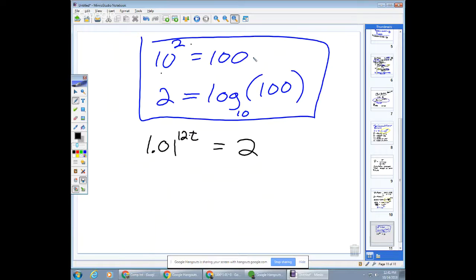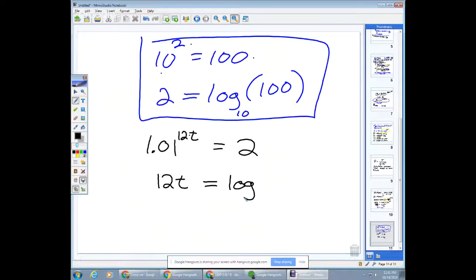So what's my exponent here? 12t. 12t is my whole exponent. So now I get to isolate the 12t, and the exponent has to be equal to a logarithm. The base of the logarithm has to be 1.01 because that was the base of the problem above. Then I put a parentheses, and the only number I haven't accounted for yet is the 2, so it has to go inside the parentheses.